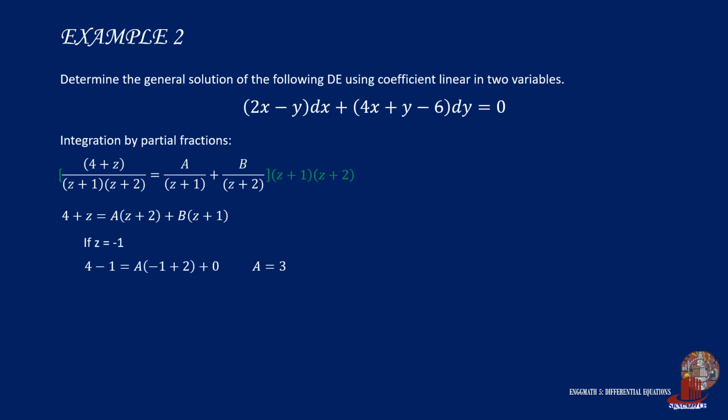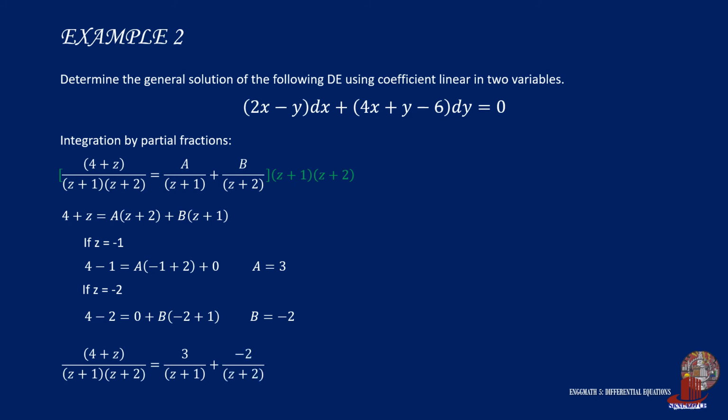If we want to zero out b, we equate z as negative 1 to have the value of a as 3. Next is to zero out a by using z equal to negative 2, and b comes out to be negative 2. So the equivalent of 4 plus z all over z plus 1 times z plus 2 is 3 all over z plus 1 plus negative 2 all over z plus 2.